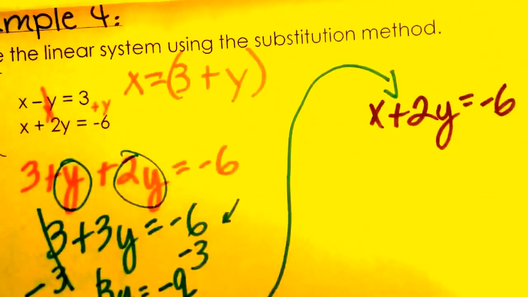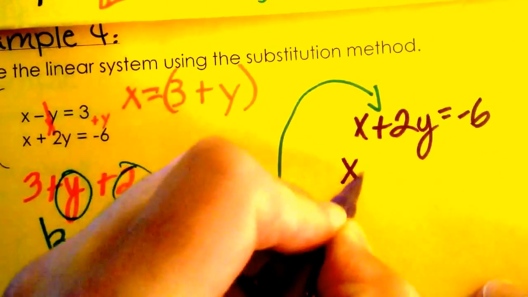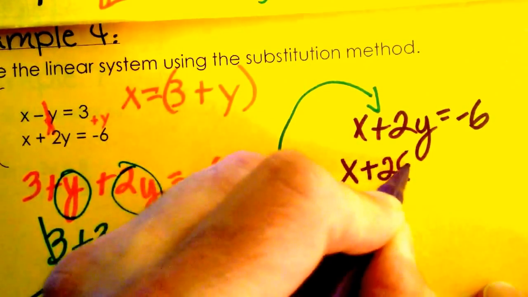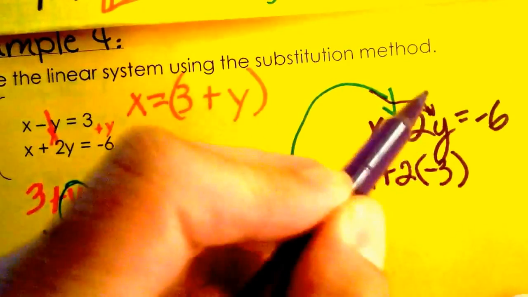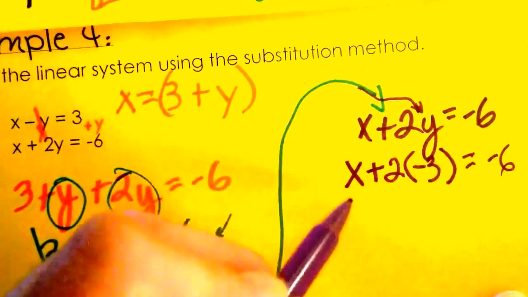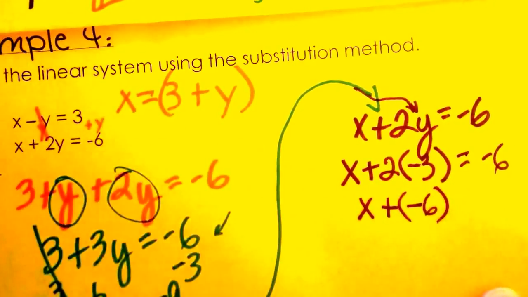Sliding over, we see that y is negative 3. So let's substitute. We get x plus 2 times parentheses negative 3, that's the value we just found, equals negative 6. x plus negative 6, could have been just minus 6.